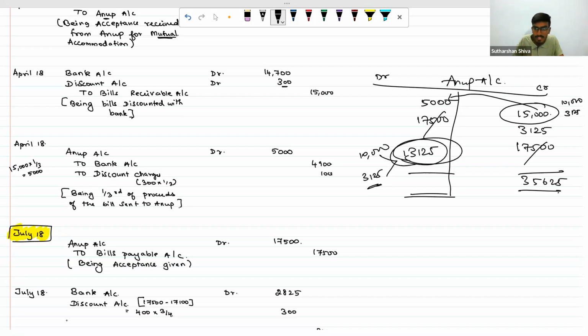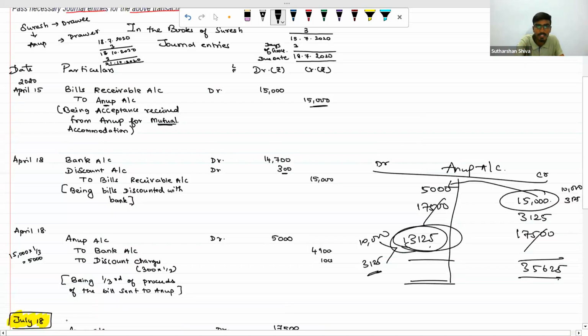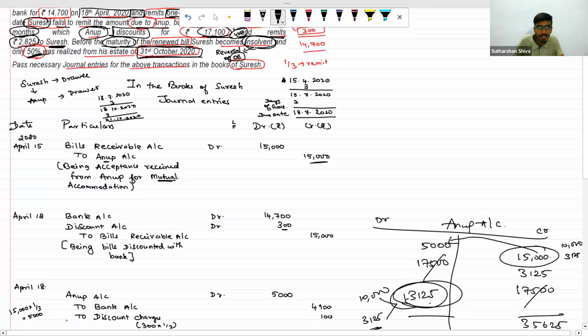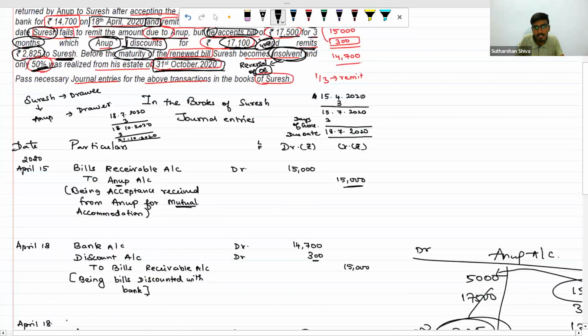Okay, so it is on which side? Debit side. So for that Suresh, it is receivable. Suresh becomes insolvent and was realized from his estate on 31st October.